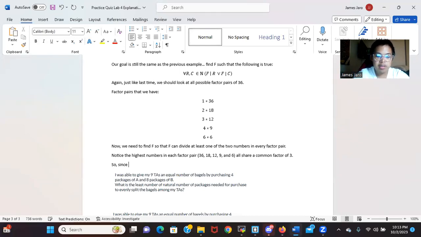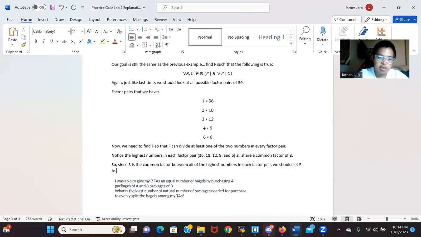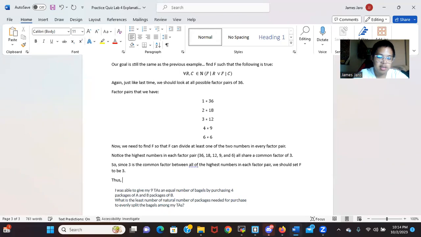So since 3 is the common factor between all of the highest numbers in each factor pair, we should set F to be 3. And so thus 3 friends is the highest number we can get.